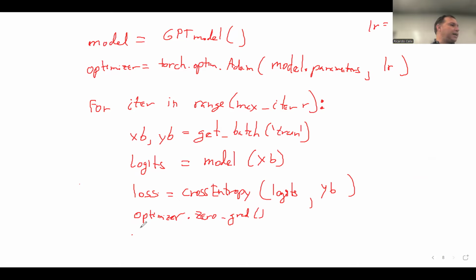This is going to be followed by loss.backward. This is the famous calculate the derivatives of the function. So this is something we have to learn later on in the semester, but that's essentially how machine learning learns.